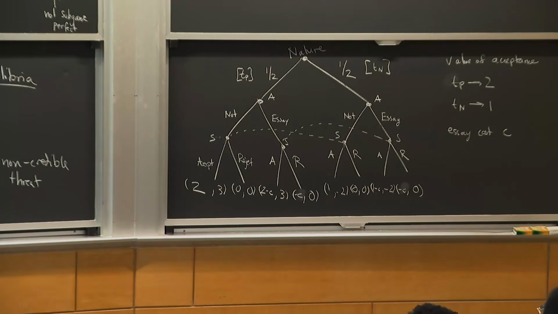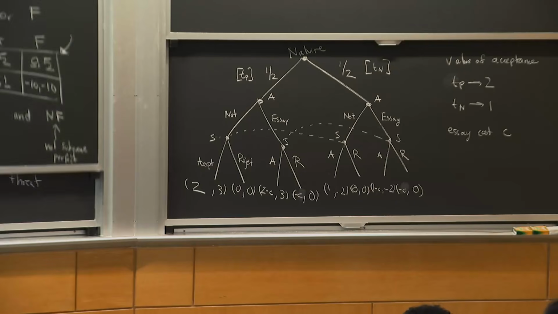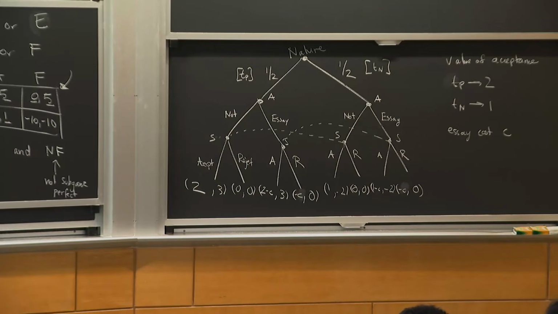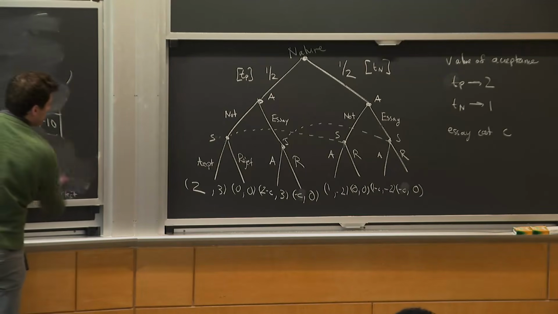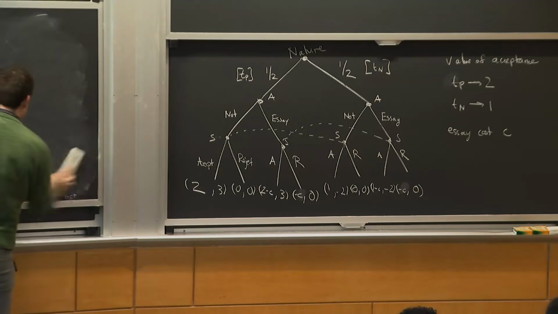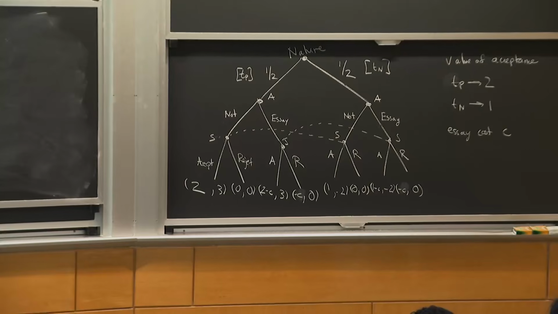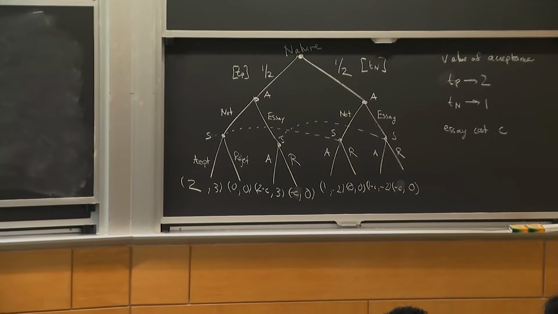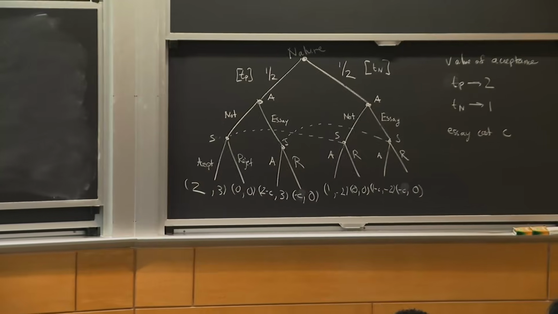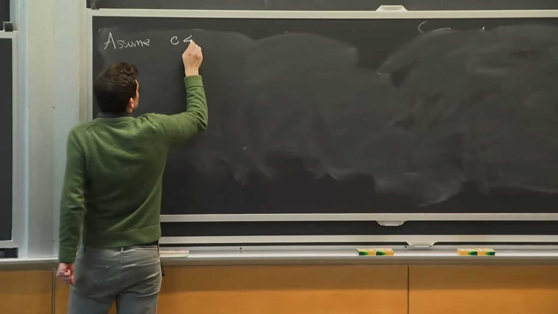Let's go back over here. Start analyzing. We're going to look at a few different versions of the game and a few different kinds of equilibria, but let's first assume that C is less than 1.